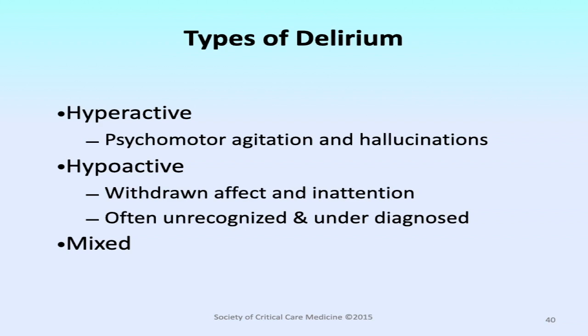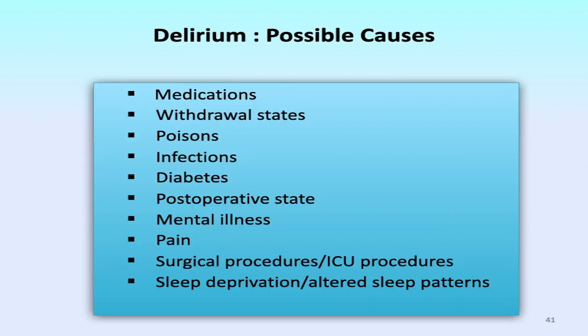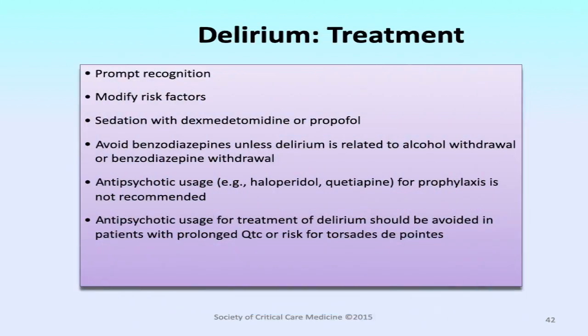And we have the mixed type, which combines both. Medications could be possible causes or risk factors, along with poisoning, infection, diabetes, pain, and most importantly sleep deprivation, or altered sleep pattern, which can cause delirium.